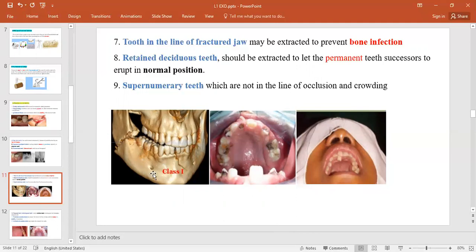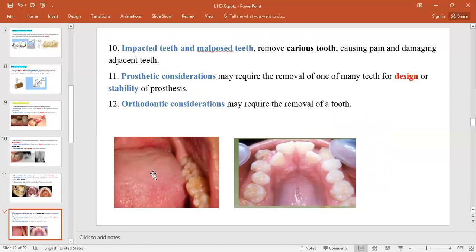In that way, we must extract it. Impacted tooth: if you have an impacted third molar, painful, or with pericoronitis and other disease, we must extract it. And if it is carious, we must extract it also.